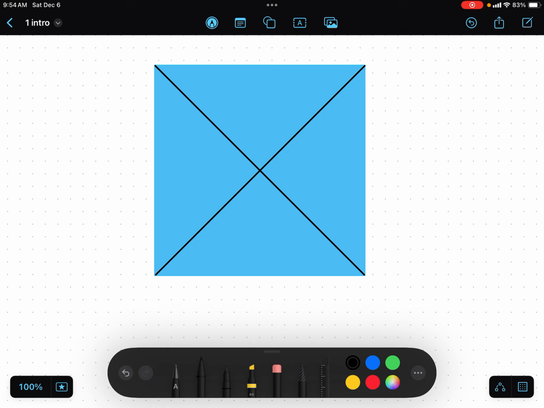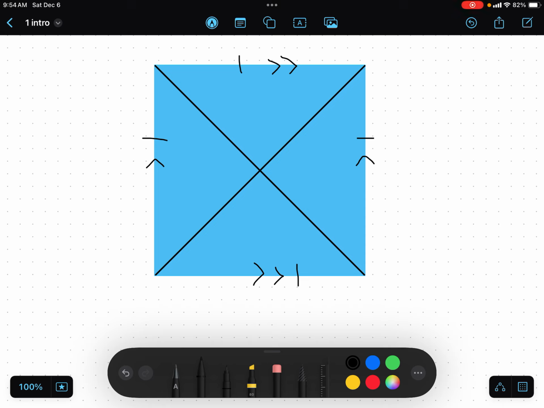So we know that opposite sides are going to be parallel because the square is a type of parallelogram. So we're going to mark all of that. And all of the opposite sides are also congruent, but because the square is also a rhombus, it's actually that all four sides are congruent, which is maybe the first thing you ever learned about a square.